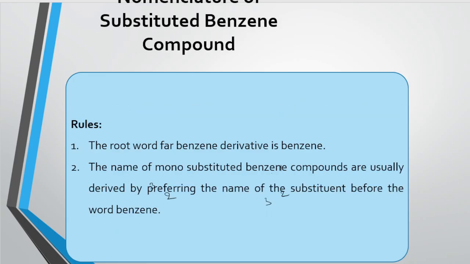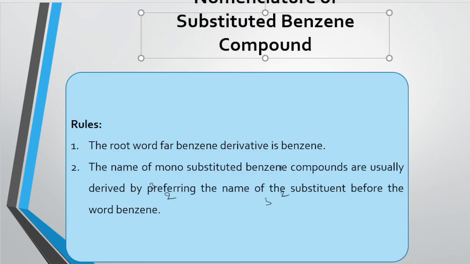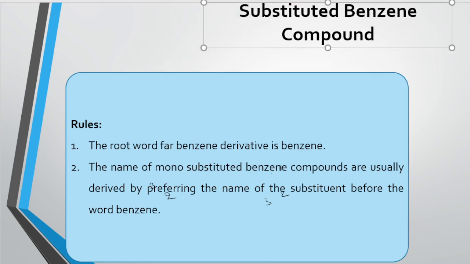Okay, now suppose we consider the nomenclature of substituted benzene compounds. The root word for a benzene derivative is benzene, and the names of monosubstituted benzene compounds are usually derived by prefixing the name of the substituent before the word benzene.